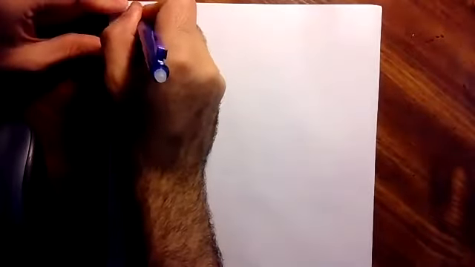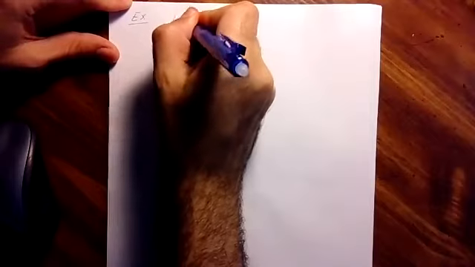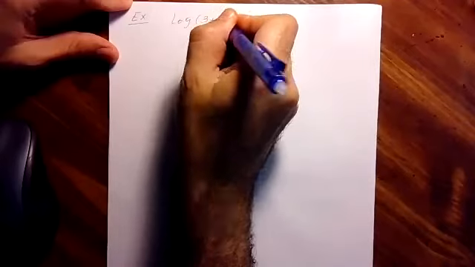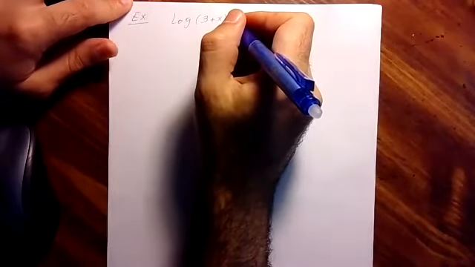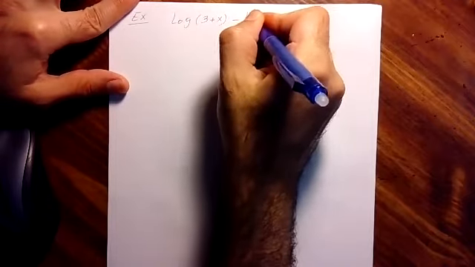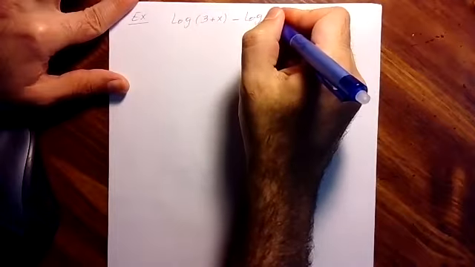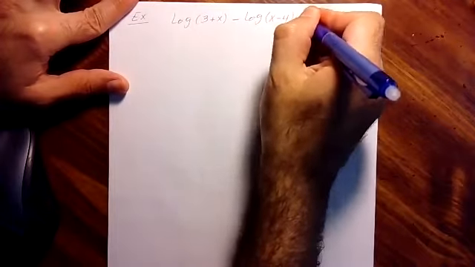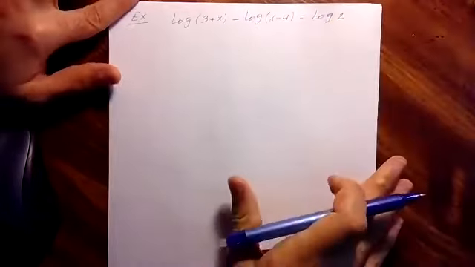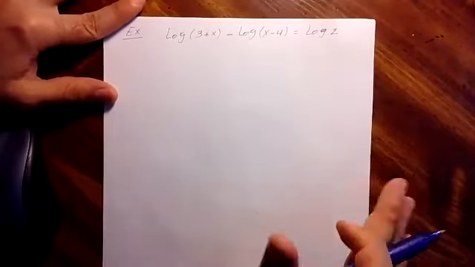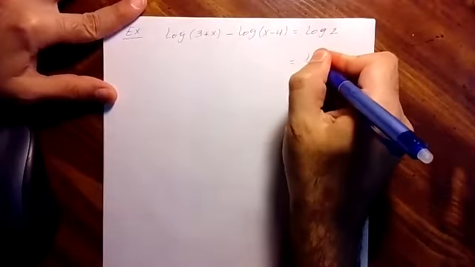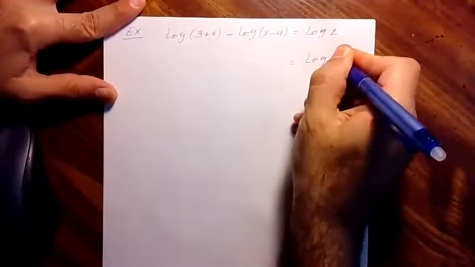Log of 3 plus x, minus log of x minus 4, is going to be equal to log of 2. We're going to do exactly the same process. On the right side, you can't do anything, so it's just log of 2.